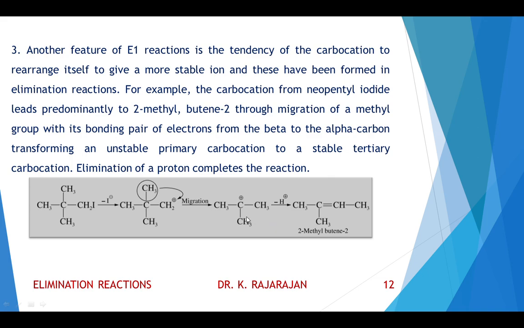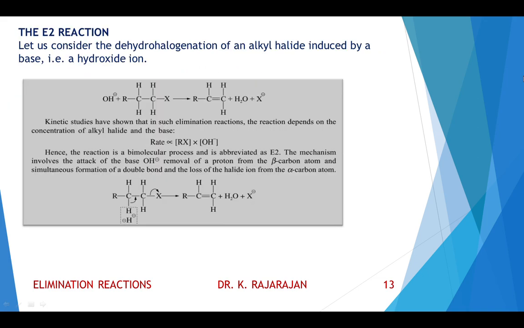So this is another evidence, which is the salient feature of the E1 reaction. So far we have seen how the E1 mechanism is getting executed. Now we will see the E2 reaction.